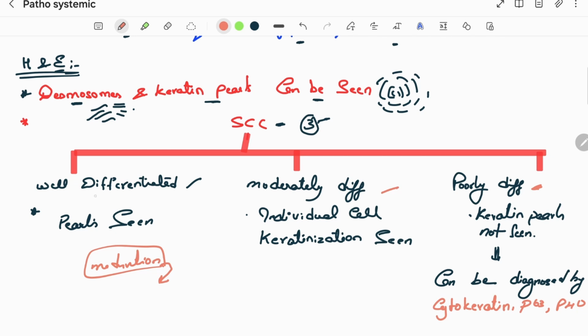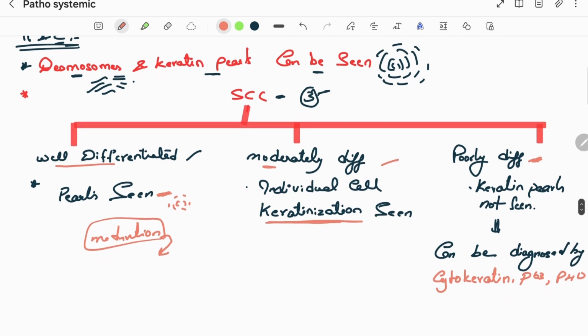In well differentiated, you can see keratin pearls completely. In moderate differentiation, you can see only keratinization, and in poor differentiation, keratin pearls are not seen. As keratin pearls are the identification feature, here we are not able to see it.